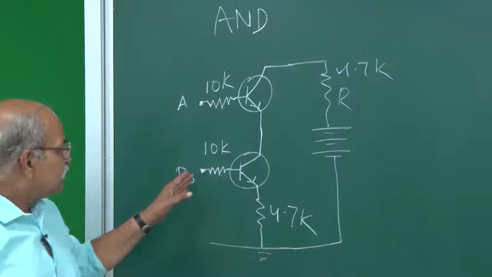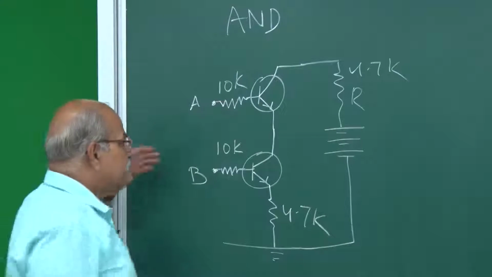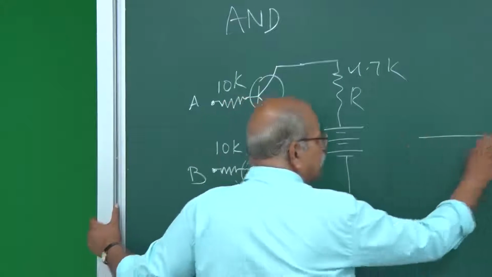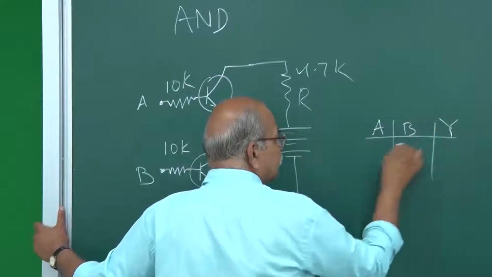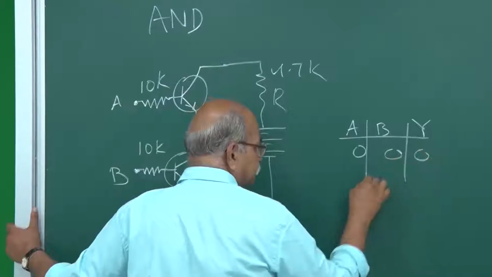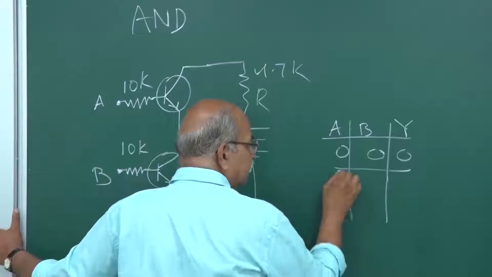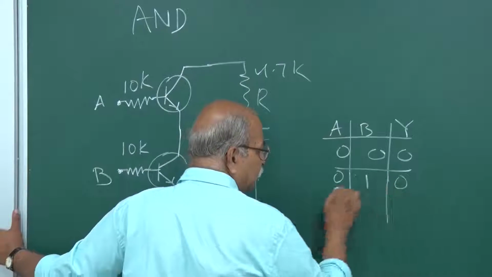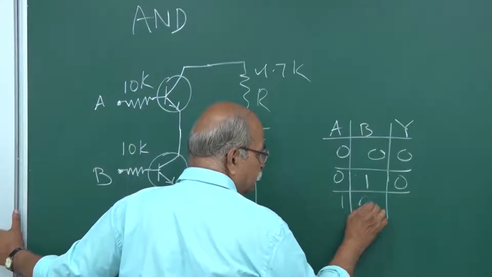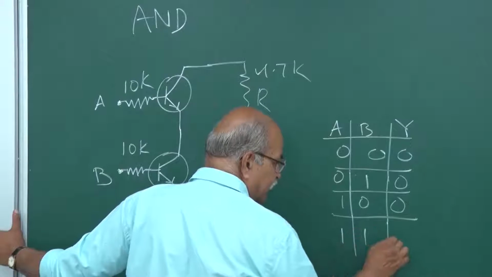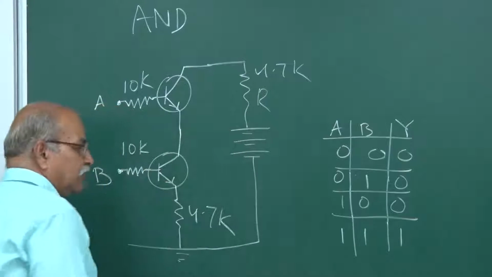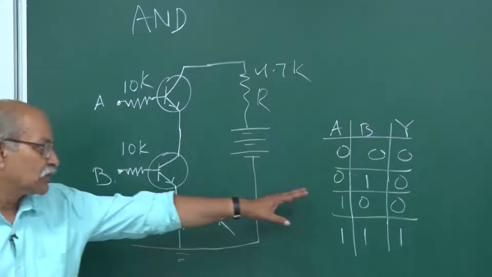So, what happens if these A and B are the input points? Remember, for the AND gate, the truth table is 0 0 gives 0, 0 1 is also 0, 1 0 is also 0, and only if both the inputs are high is the output high. That is the truth table.